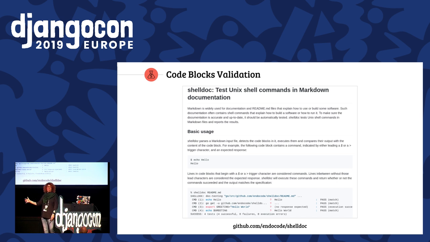Which shell it is depends on your system, and it just validates that whatever you have in your code blocks works. Now, I know for reStructuredText and AsciiDoc and the more robust markup languages, there are tools for this. There are doc testers. You can dynamically embed code blocks in your topics. But a lot of projects still use Markdown, right? So this is a quick and easy way to do this, and people can extend it, and it's open source, and you can look at it later.